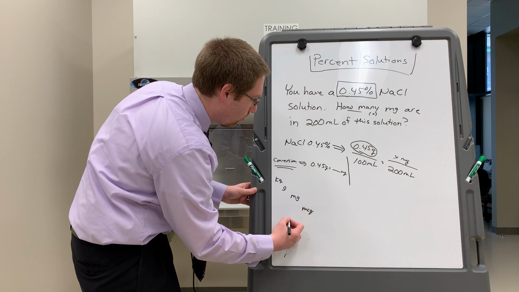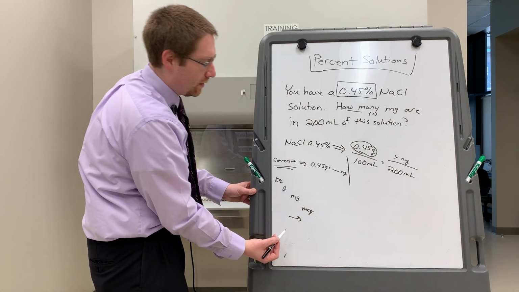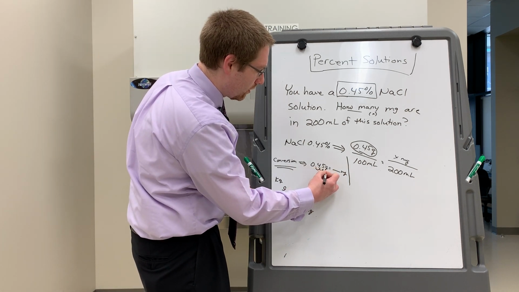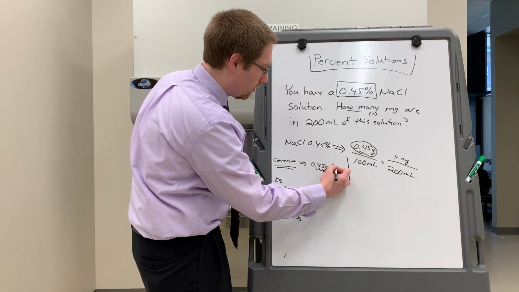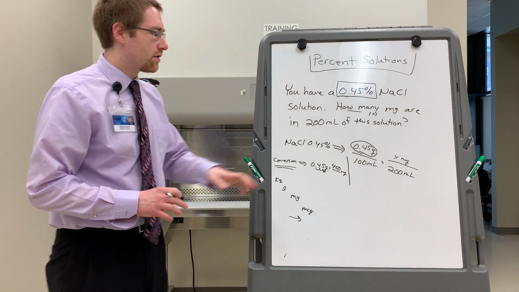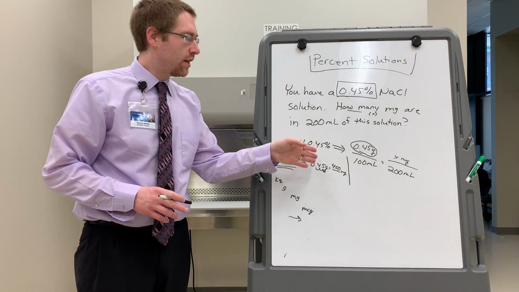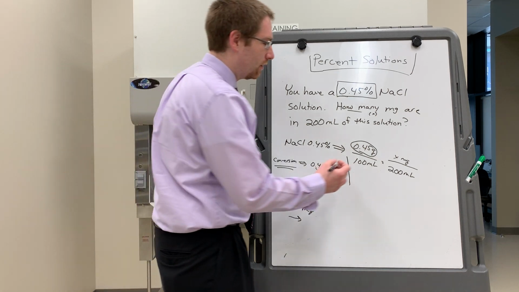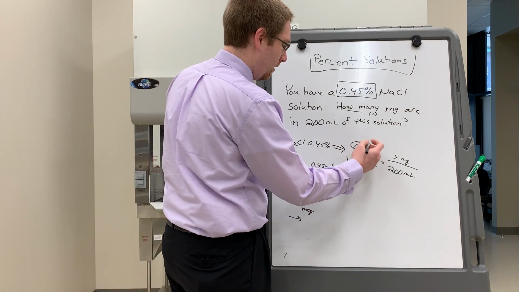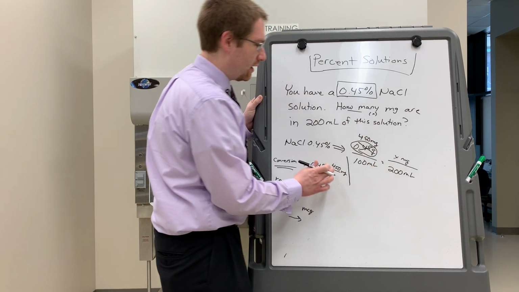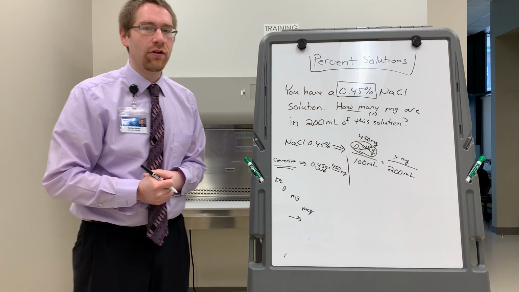I'm going from gram to milligram, which means I need to go right 3 spaces. 1, 2, we're going to add a 0, and that becomes 450 milligrams. So 0.45 grams is equivalent or the same as 450 milligrams. So I can actually write 450 milligrams here instead of 0.45 grams.